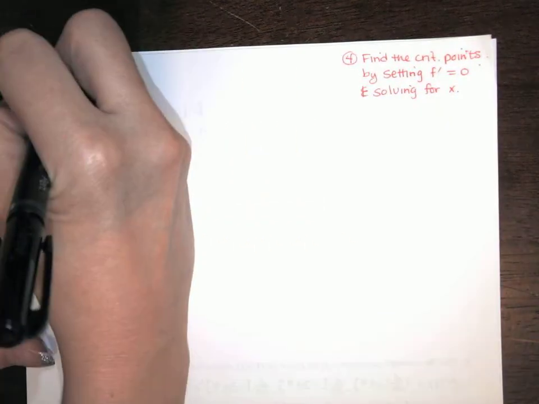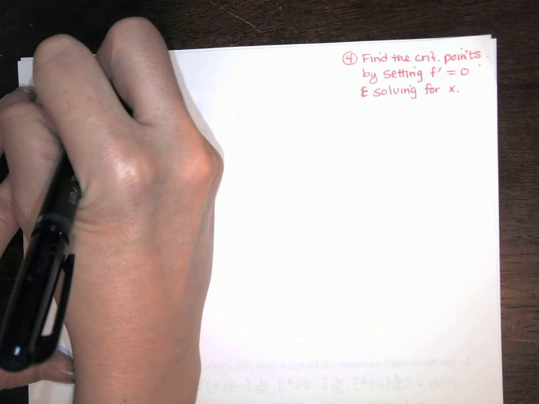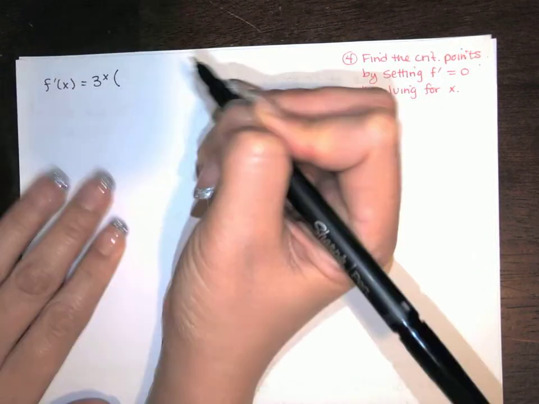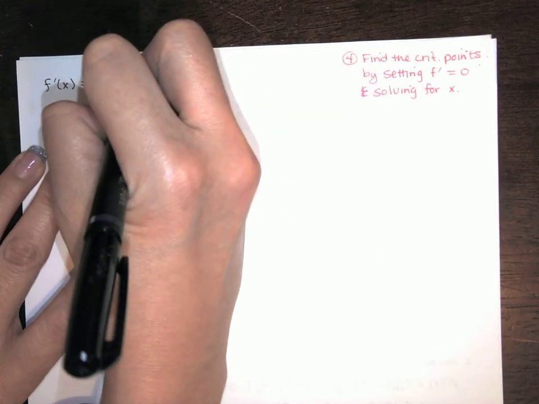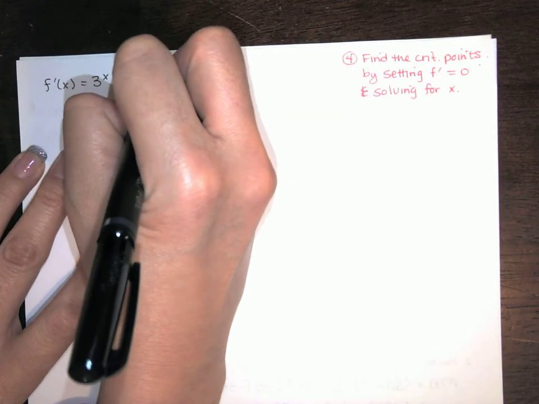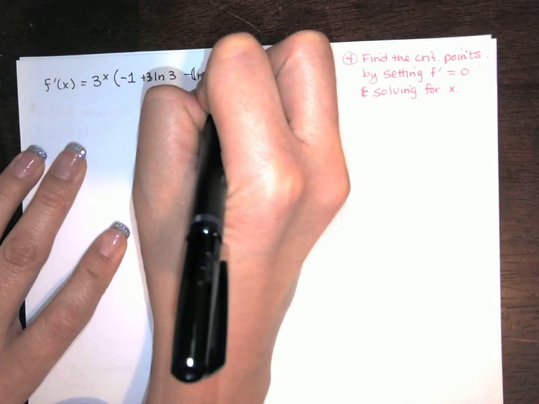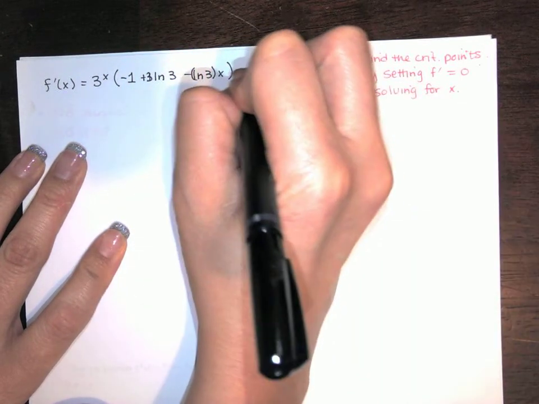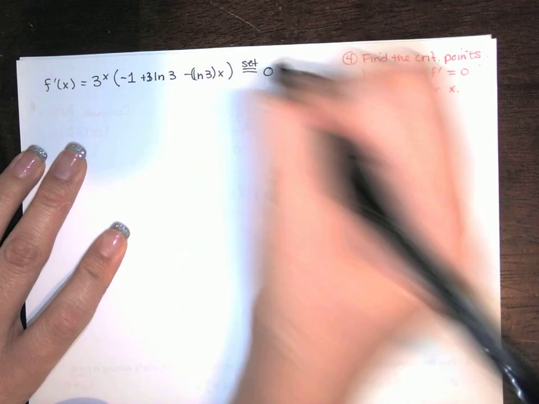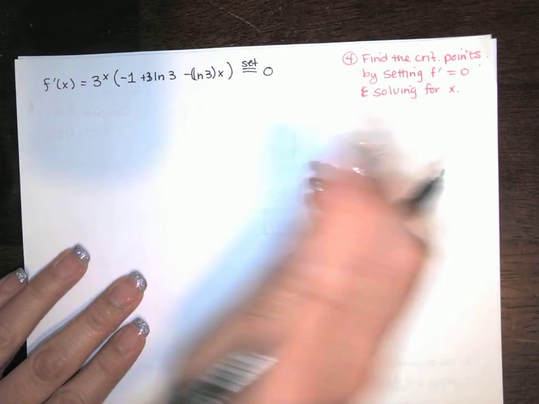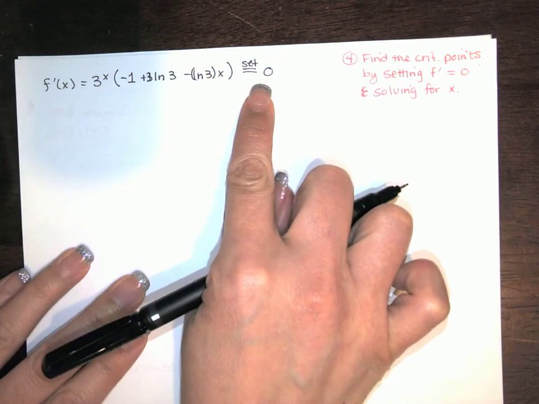So f prime was this. We had 3 to the x times negative 1 plus 3 natural log of 3 minus natural log of 3 times x. And we're setting this equal to 0 and solving for x. Well, we've got this times this equals 0.